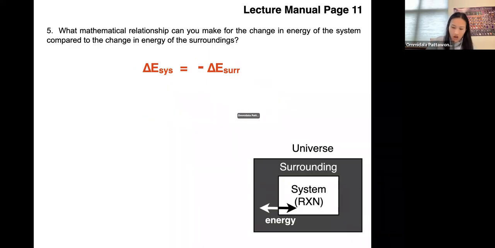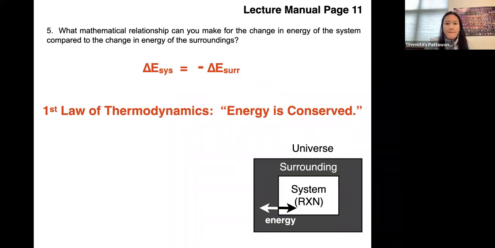This thing right here, that the amount of energy stays constant, is what we call the first law of thermodynamics. This is very, very crucial. This whole theme right here, you need to know this.